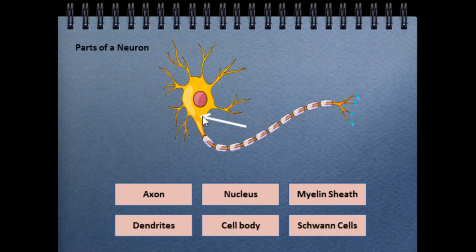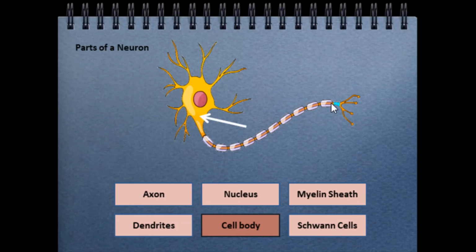It's the cell body. This yellow part over here is the cell body, and it surrounds the nucleus at the center. It is where messages coming from the dendrites flow, going to the axon terminal. The yellow part again is the cell body.